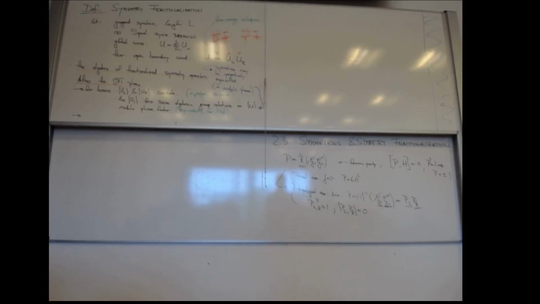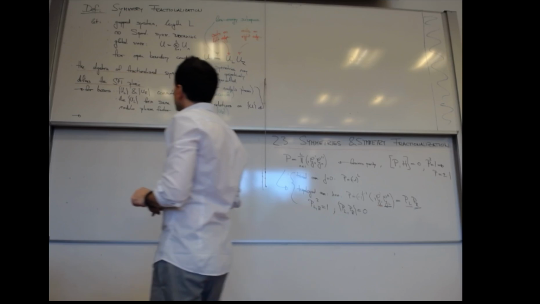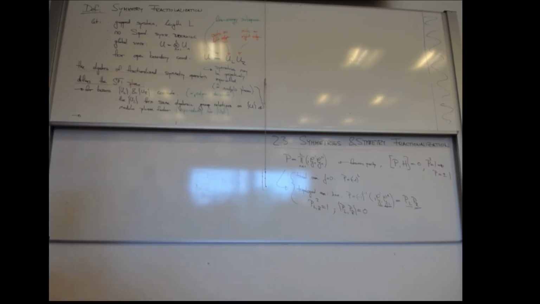I have a question. Suppose I give you a projection onto the ground states. Can we use it to extract UL and UR? I guess no, because you don't know the spatial structure of this projector.